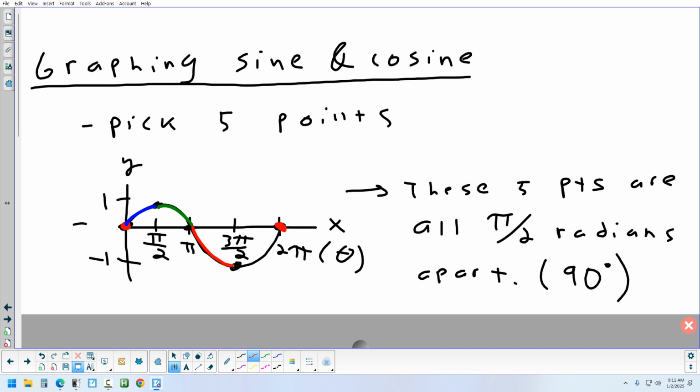Now, we already know from talking about the cycle length, it's 360 degrees broken up into 4 sections. Well, if you break 360 degrees into 4 sections, that makes everything 90 degrees apart. So each one of those points is pi over 2 radians, or 90 degrees apart.